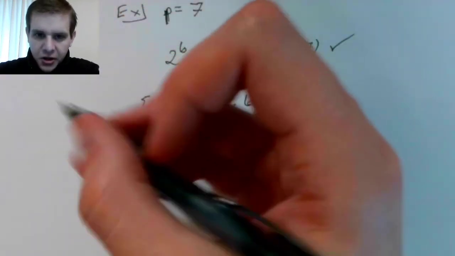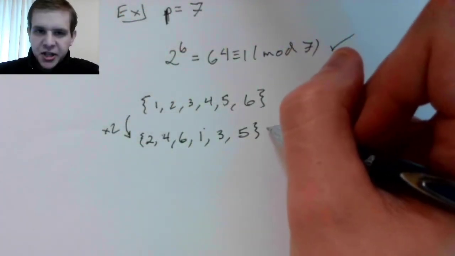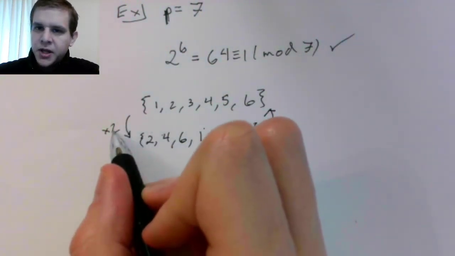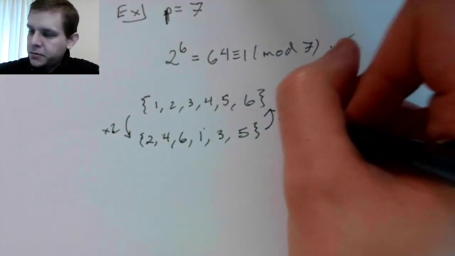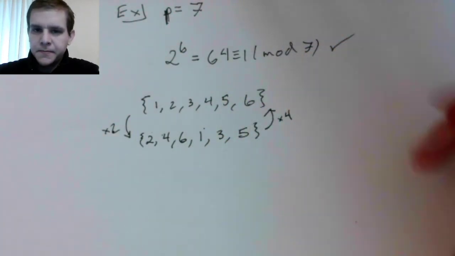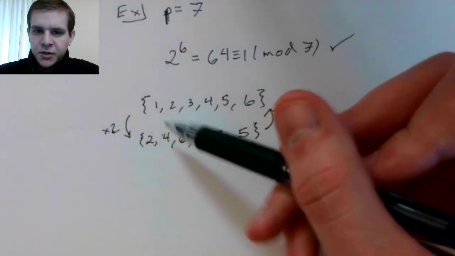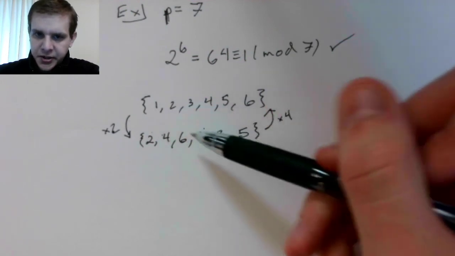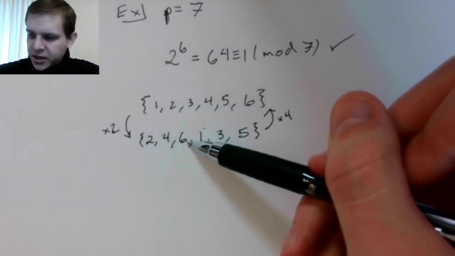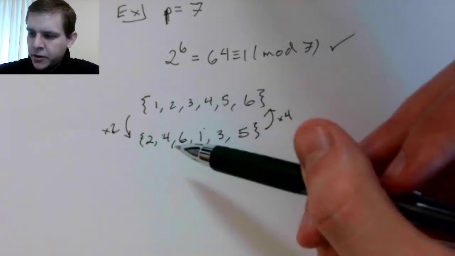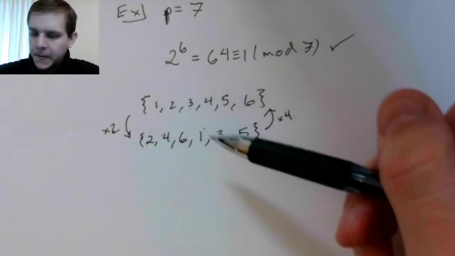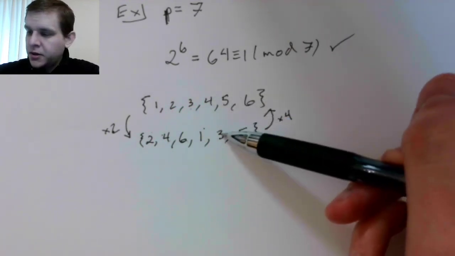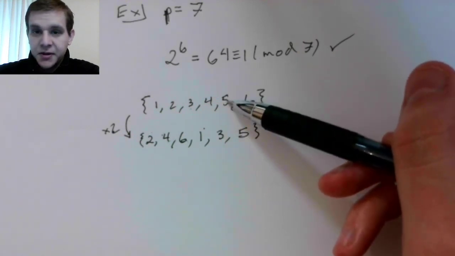And then let's also check that our bijection proof works as well. How do we get back to here? We need to multiply by the inverse of 2. The inverse of 2 mod 7 is 4. So it's times 4. And indeed, 2 times 4 is 8, which is 1. 4 times 4 is 16, which is 2, because 16 minus 14. 6 times 4 is 24, and 24 minus 21 is 3. 1 times 4 is just 4, so we're good there. 3 times 4 is 12, and 12 minus 7 is 5.